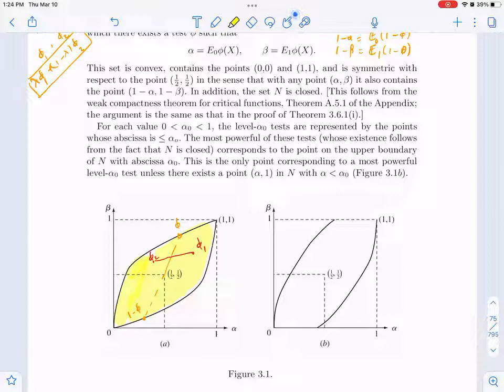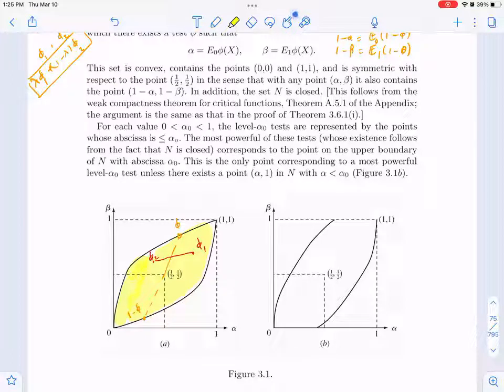So basically these would minimize the power. When you try to maximize the power at level alpha, this has the maximum power, this has the minimum power, and anything in between is in between. So there's this symmetry: if you have the most powerful test, 1 minus it has the least power. And that's the general idea.